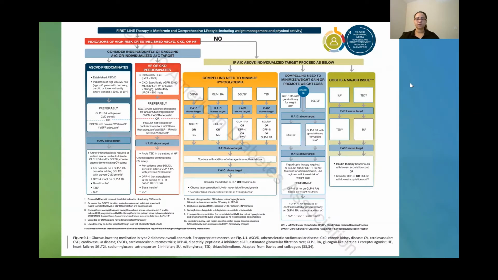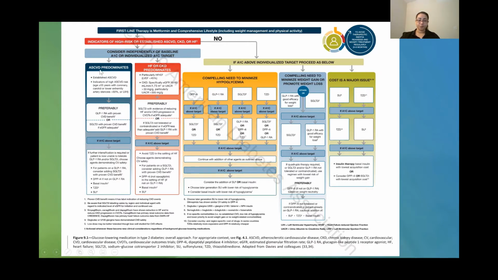This is the algorithm for the ADA treatment guidelines. First line therapy agent is metformin with weight management and physical activity. And then depending on each and every patient's individualized case, we follow a certain path of the guideline.